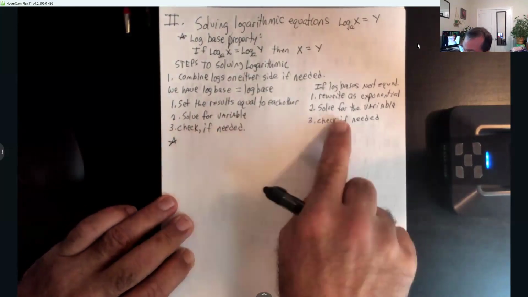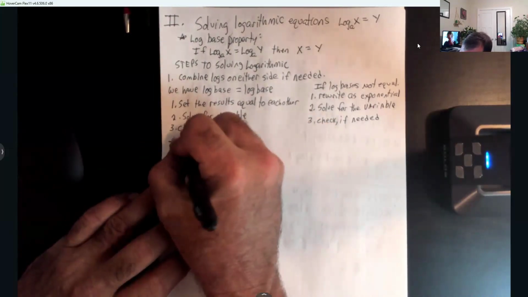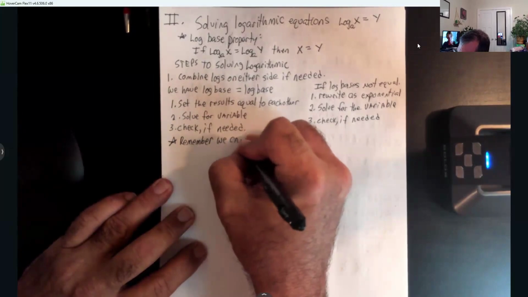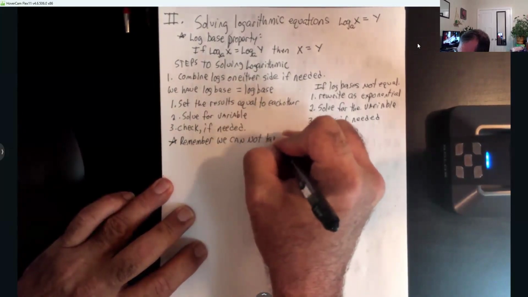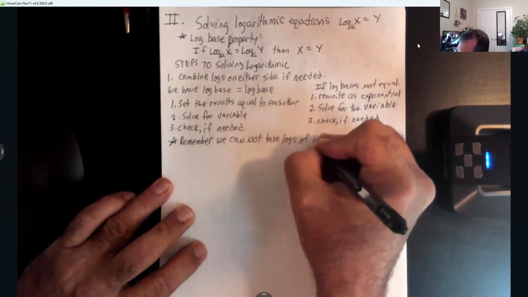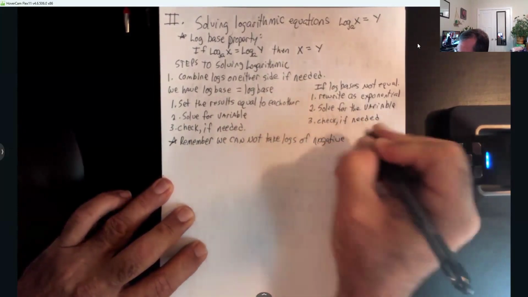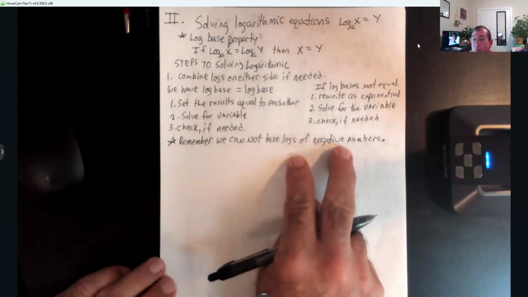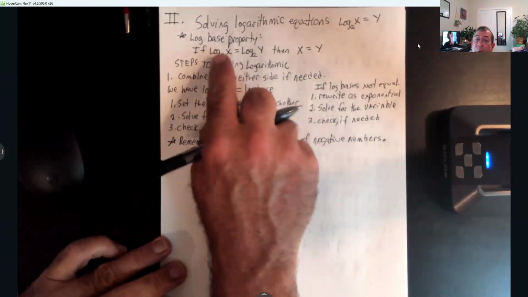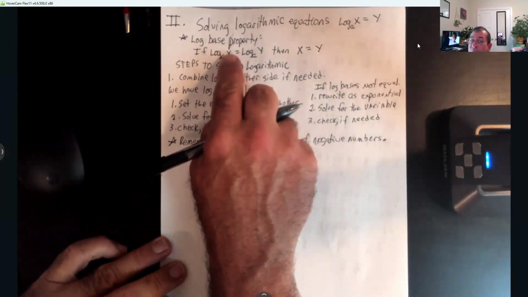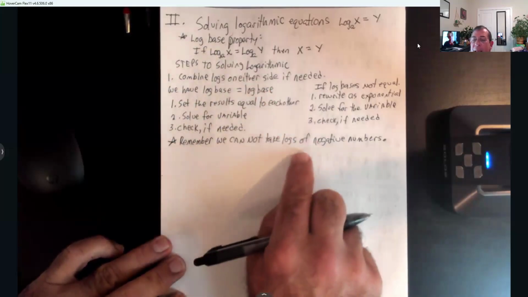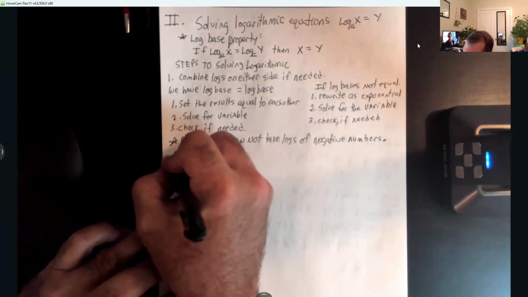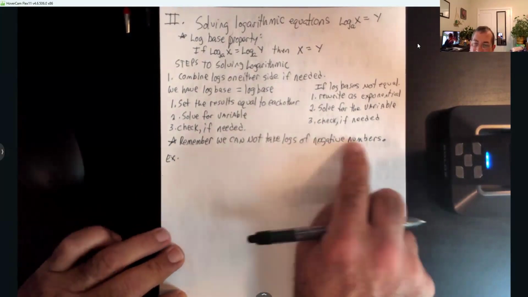So that's why when it says check if needed, remember, we cannot take logs of negative numbers. So if I get two answers and one of them's negative and it gets substituted back into my equation and gives me taking a log of a negative number, I can't take that answer because it's not real, okay? So y'all, I'll show you when that kind of case happens.